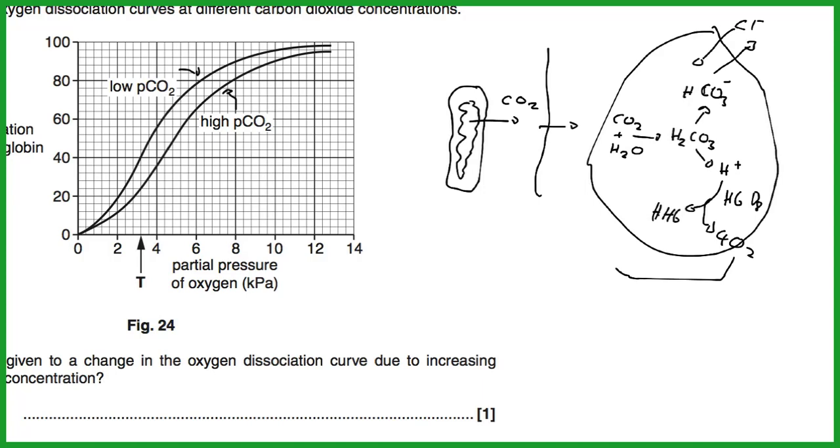So the oxygen comes off the hemoglobin and diffuses into the cells where it's used in the mitochondria for aerobic respiration. Now, the more you respire, the more carbon dioxide will be produced, which means you'll produce more hydrogen ions, which will join with more of the oxyhemoglobin, which will cause more of the oxygen to come off and therefore reduce the affinity of hemoglobin for oxygen.